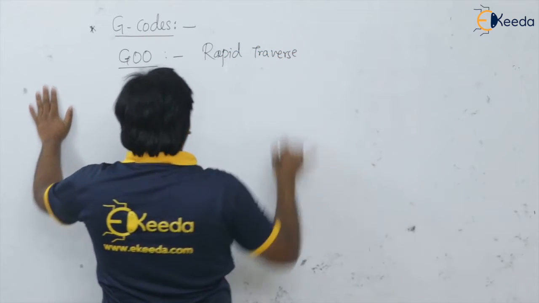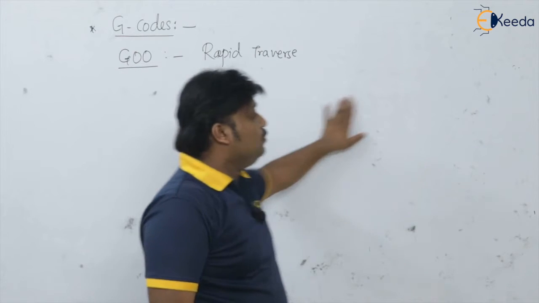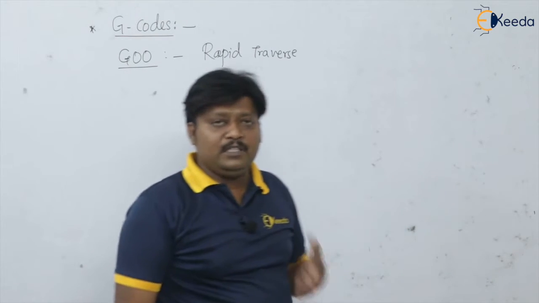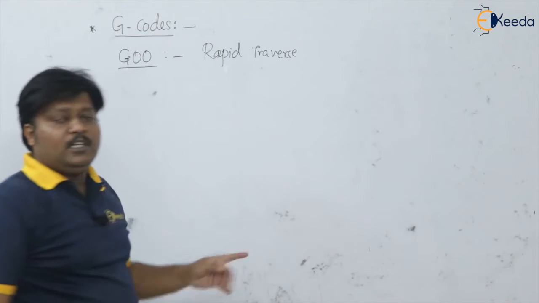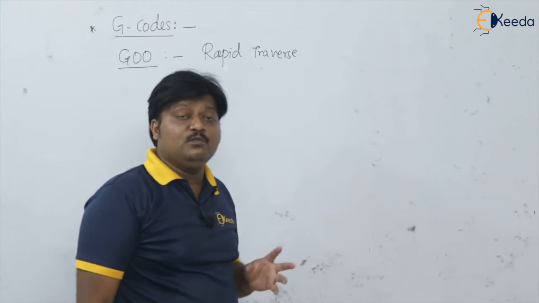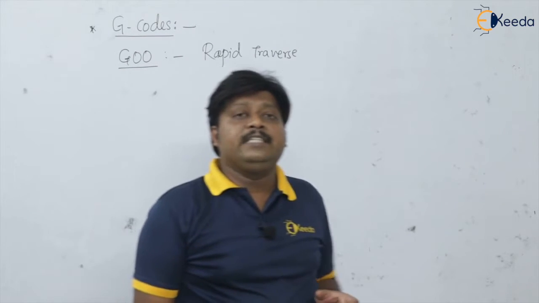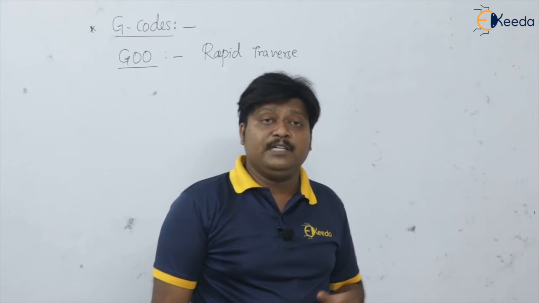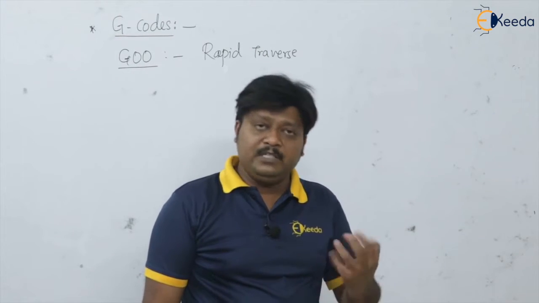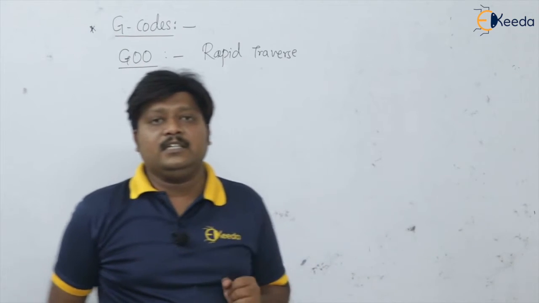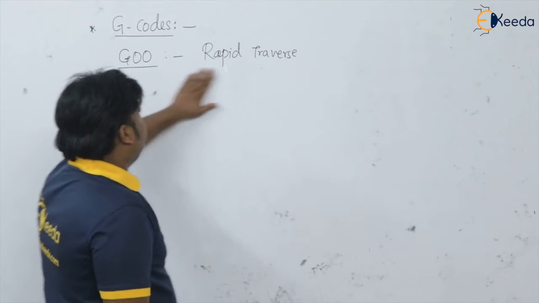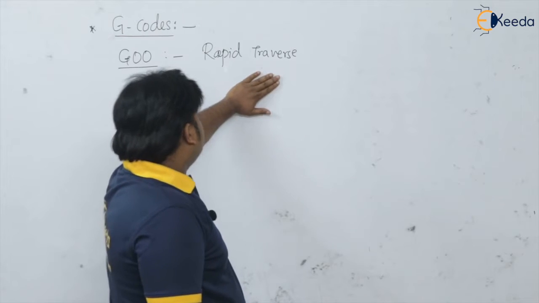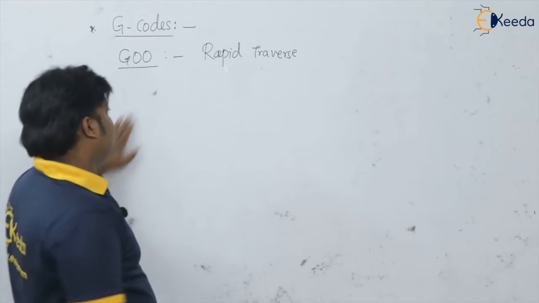Whenever the tool is moving idly, with no cutting or any operation being executed, the tool should move with the maximum velocity of that machine tool to minimize the total production time. For that we have rapid traverse, that is G00.